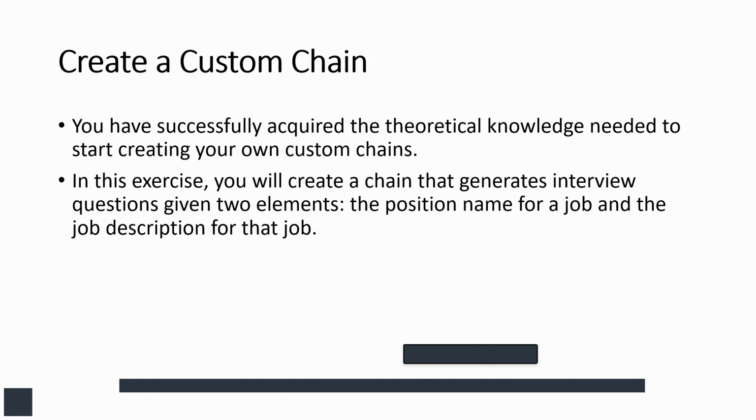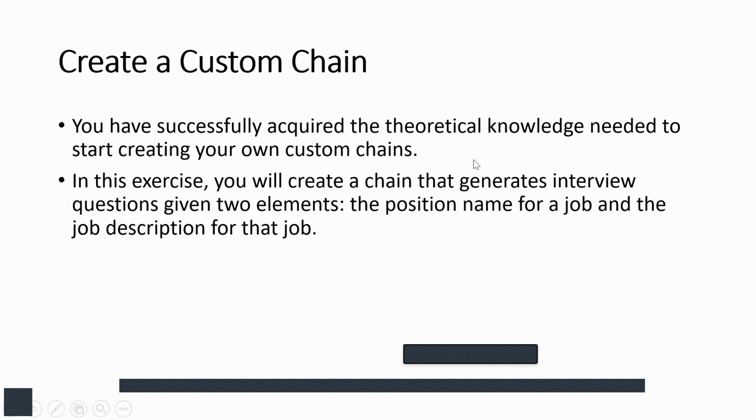This is your assignment. Just try to build your own chain, and that chain should be able to generate interview questions based on those two inputs. Is it clear? Simple thing.